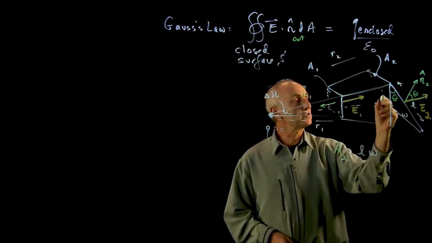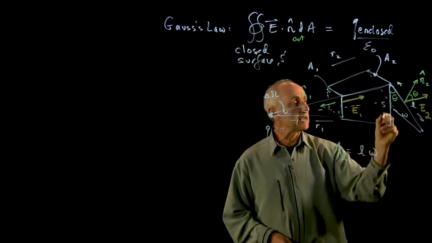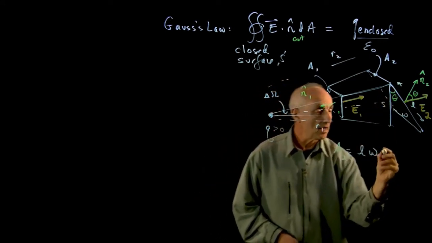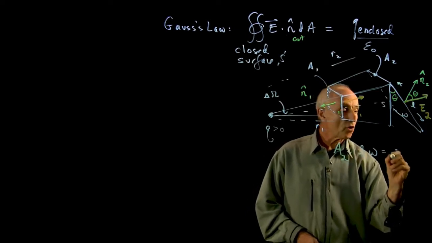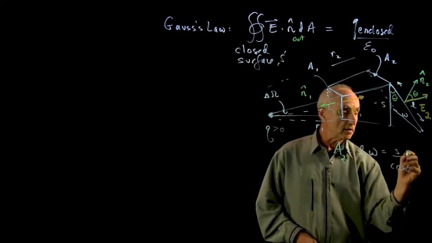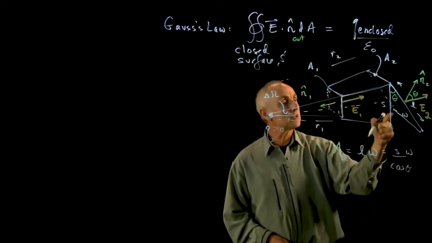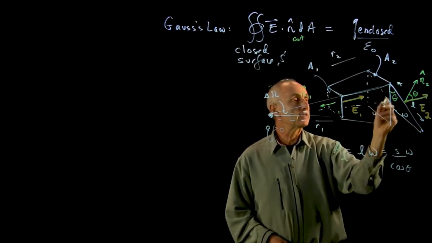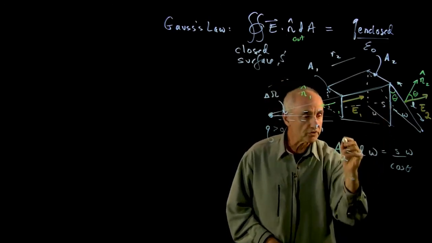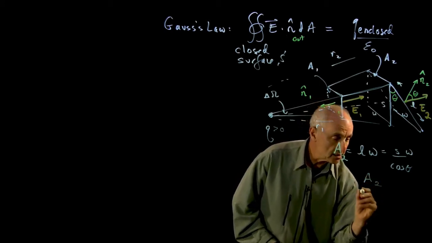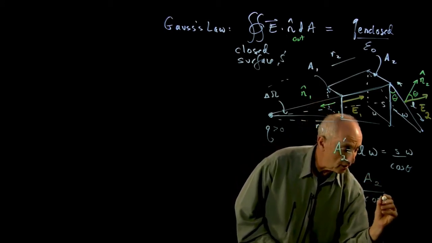And if I call this piece S here, coming down, we see that L is longer than S by S over cosine theta, because it's adjacent, times W. And S times W, if I went back to my old figure, was just the old area A2, so we'll call this the primed area, A2 prime, which is A2 divided by cosine theta.